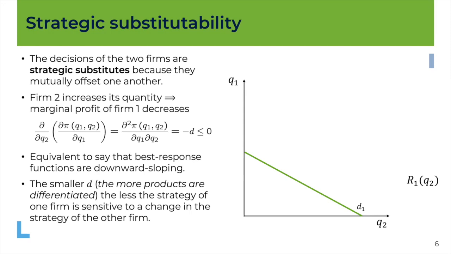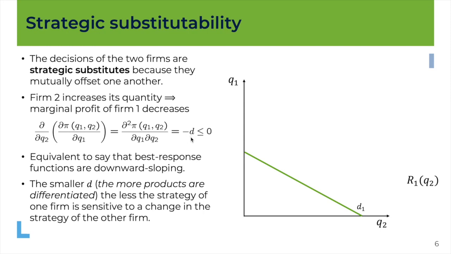In more technical terms, we see that if firm 2 increases its quantity, then the marginal profit of firm 1 decreases. I'm not going to re-explain all this, I explained it for the price competition, but this is in mathematical terms what is said here, and we find that this cross second order derivative is negative.